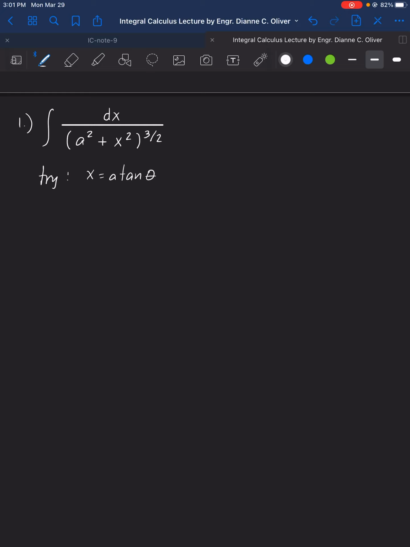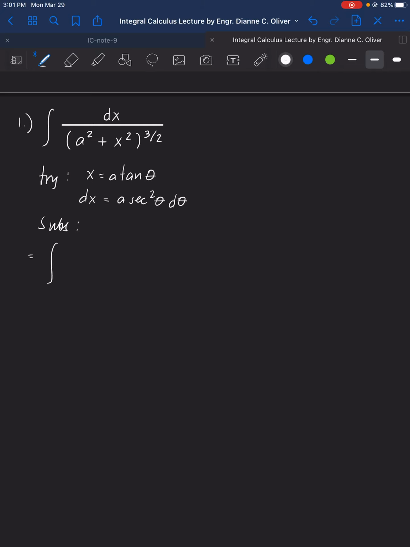Now we call this substitution because we will replace all values of x with a tangent theta. Now, the derivative of x, because we have dx here, becomes a secant squared theta d theta. That's the derivative of tangent theta. Then we will now substitute into the original equation.